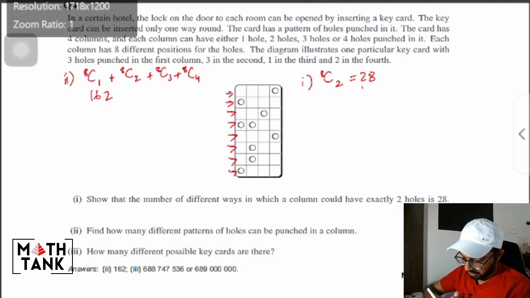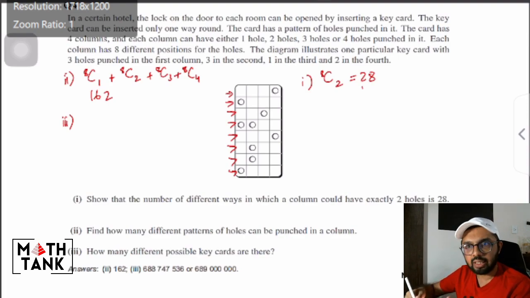Okay, then let's say part 3. Part 3 says how many different possible key cards are there. When I'm talking about possible key cards, I'm talking about a complete key card with all 4 columns punched in. Every column can have a different number of holes punched in it.